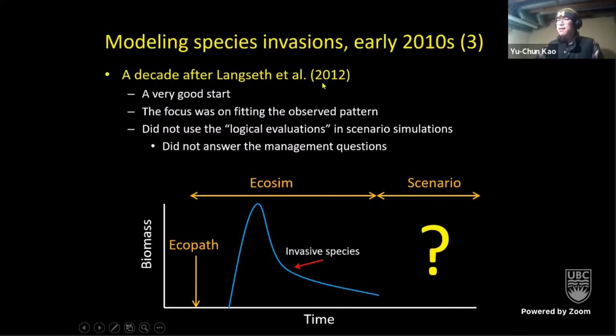And now it's 2021, almost 10 years after this exercise. What do we think about Lance's 2012 paper? So we think it is a very good start, but the focus was on fitting the observed pattern.